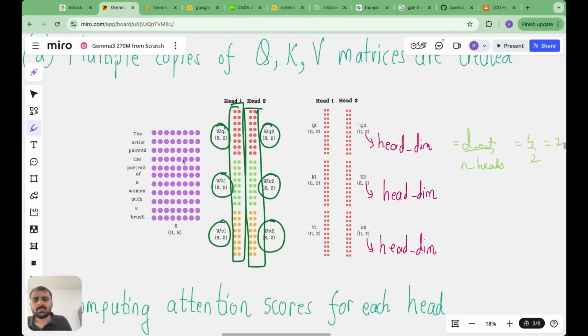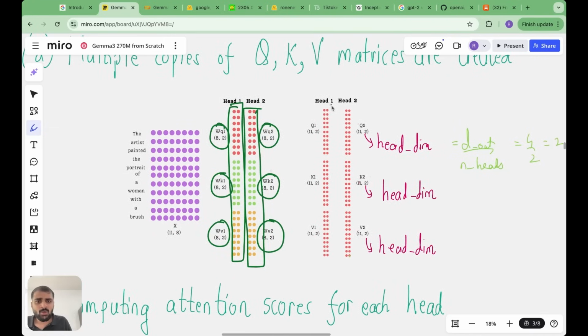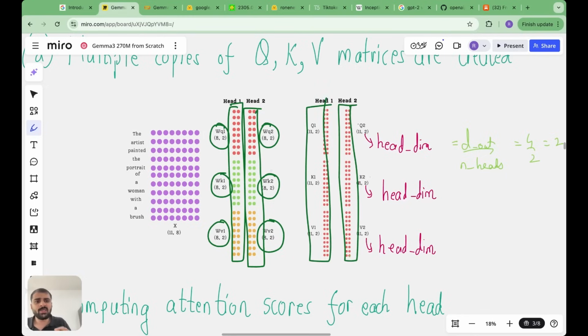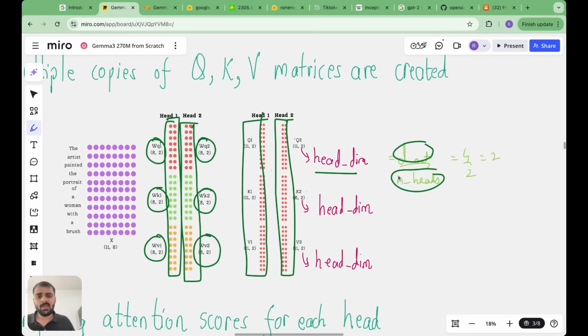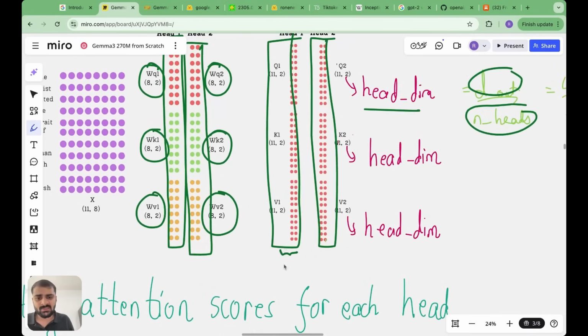Naturally, the head dimension is the output dimension divided by the total number of heads. So the head dimension is 4 divided by 2, which is equal to 2, since the number of columns for each head is 2.